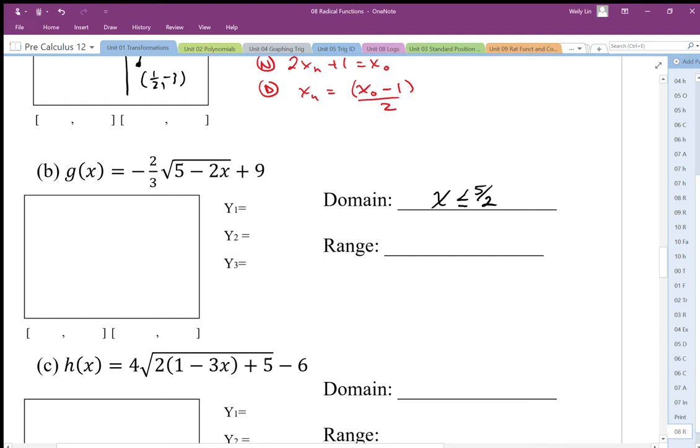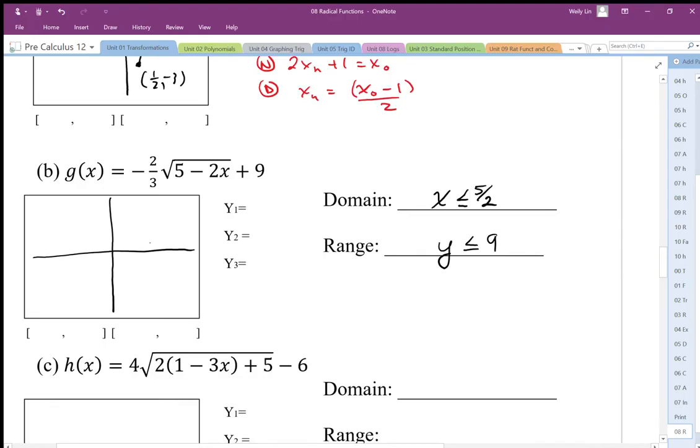So for the range, we're going to flip first, then compress. The compression is not going to affect the range, but the flipping is. It's going to affect the direction of this graph. So the plus 9 is going to raise it up. So we're going to have the starting point at positive 9, but since it's flipped upside down, we need to go below that 9. And when we graph this, we have this idea where the graph starts.